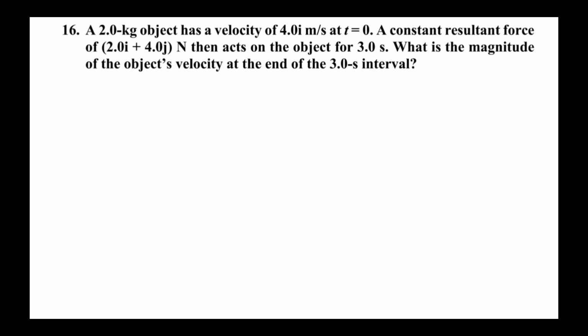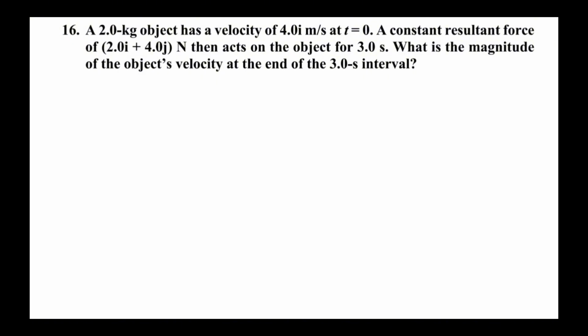A 2 kilogram object has a velocity of 4i meters per second at t equals 0. A constant resultant force of 2i plus 4j newtons then acts on the object for 3 seconds. What is the magnitude of the object velocity at the end of the 3-second interval?